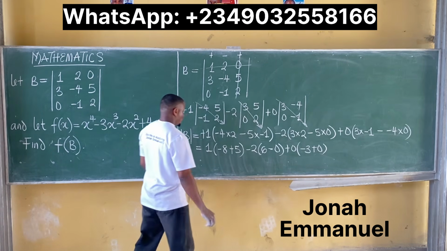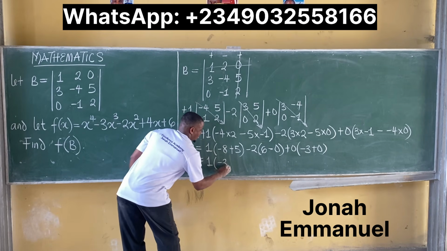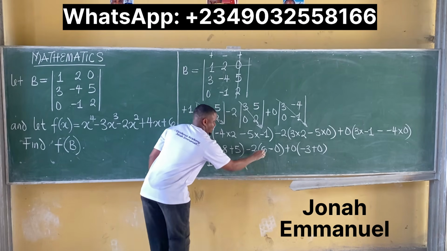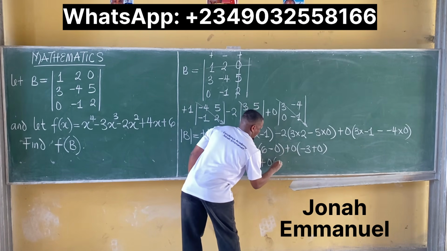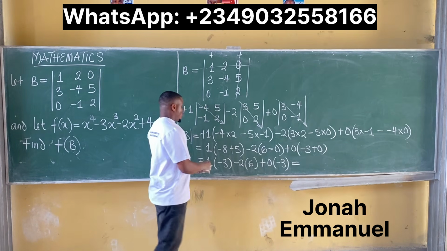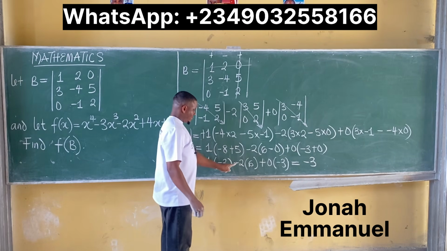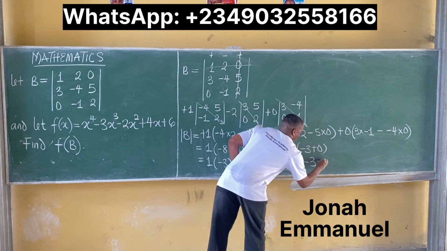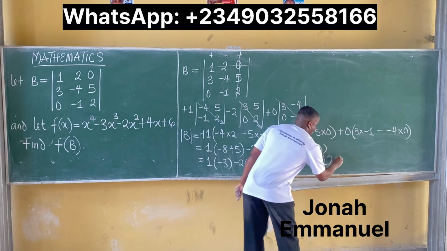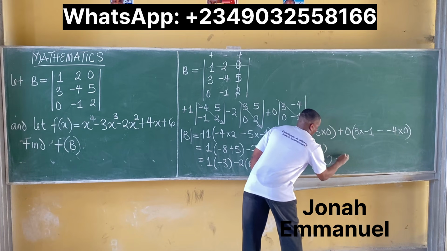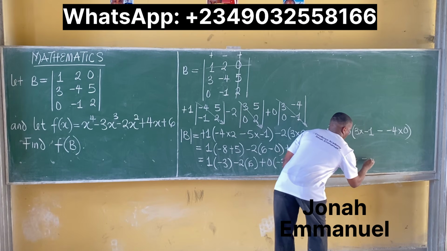So this is 1 into minus 8 plus 5, which gives you minus 3; minus 2 into 6; plus 0 into minus 3. That is minus 3, minus 12, plus 0, which gives you minus 15.